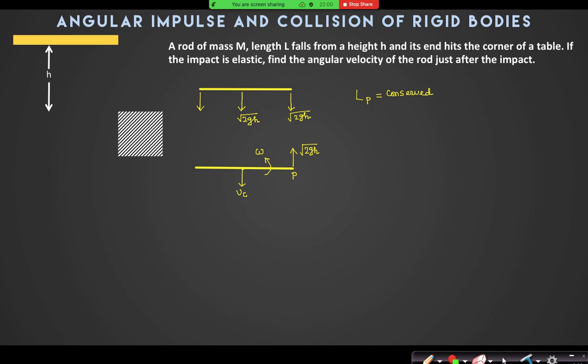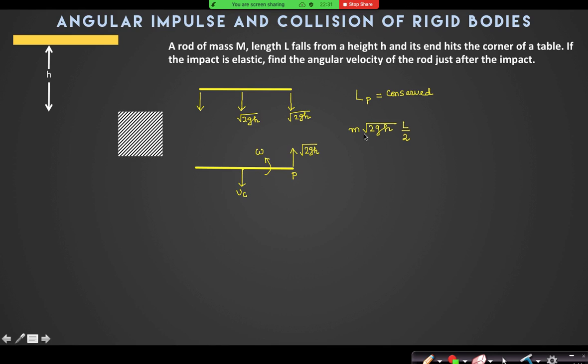Angular momentum before: it has no omega, so the IC omega part will be zero. But as the center of mass is coming down, can I write it simply as m into root over 2gh into L by 2? Yes or no?